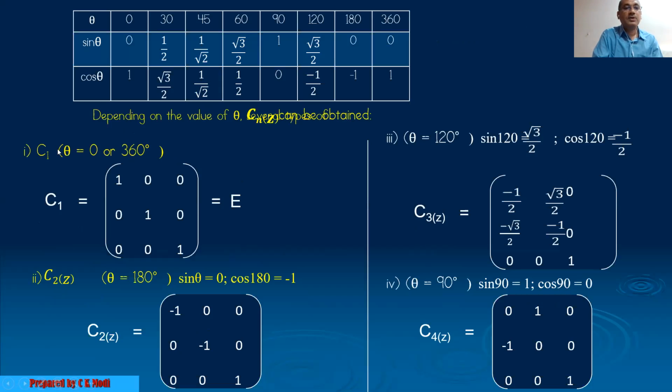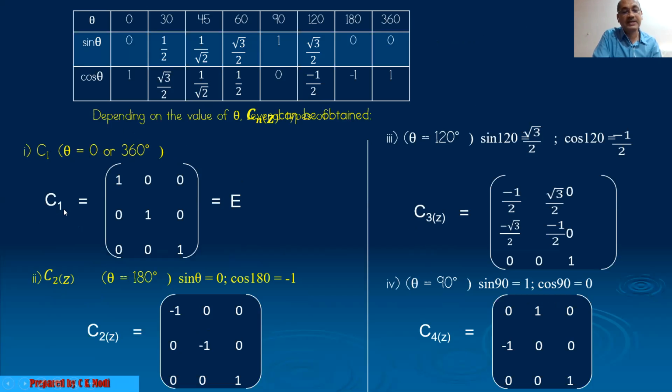So by putting in the value of theta, we can get the final matrix. For example, for the CnZ matrix, n is equal to 1, so the theta value is 0 or 360.